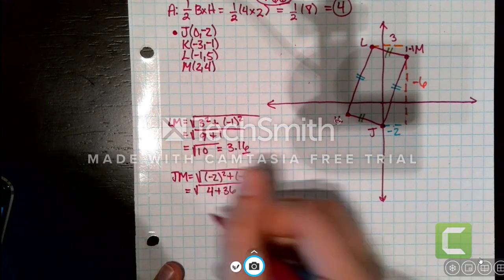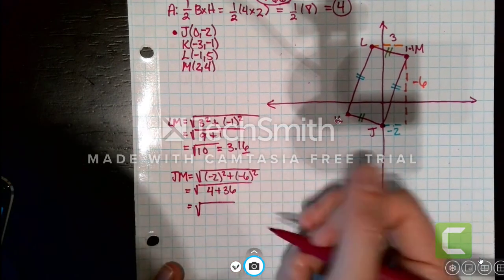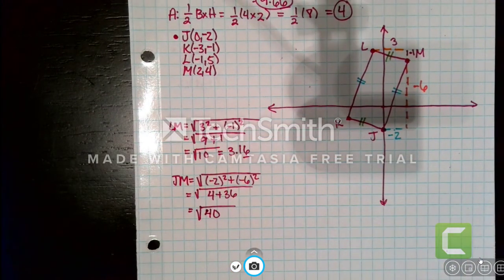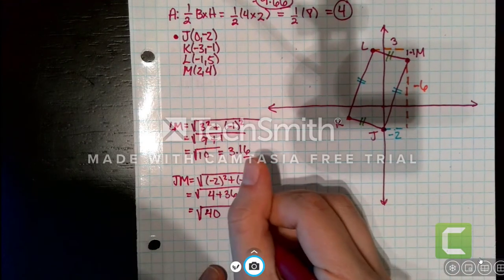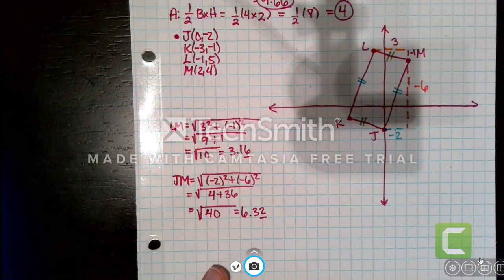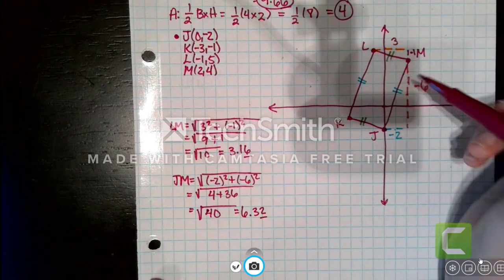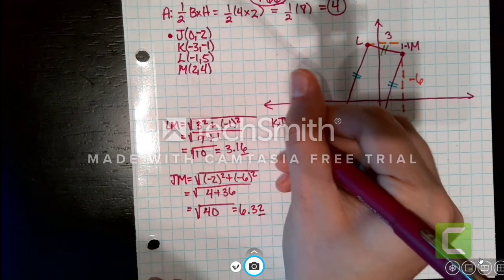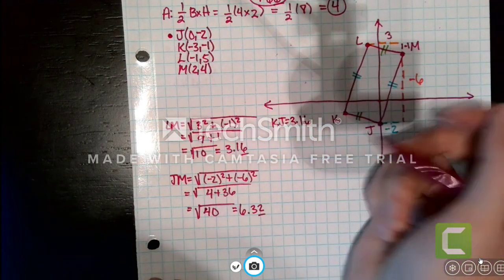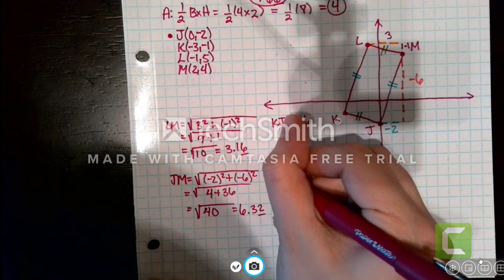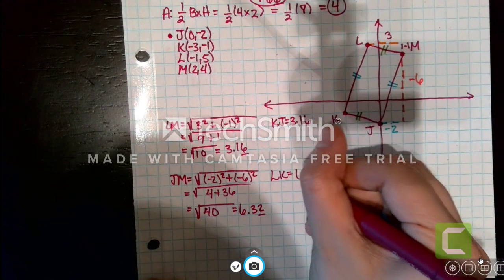Which means that when I add those together, under the radical, you should have about 40. And if I were to take the square root of 40, that would be about 6.32 when rounded to the 100th. So again, that means LM is equal to 3.16, but KJ is also equal to 3.16. And if JM is equal to 6.32, then LK is equal to 6.32.